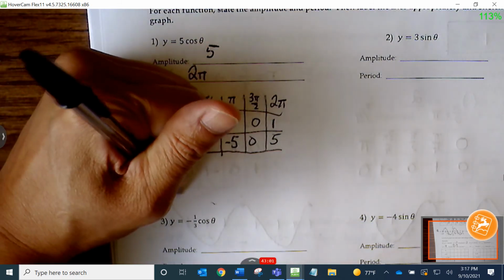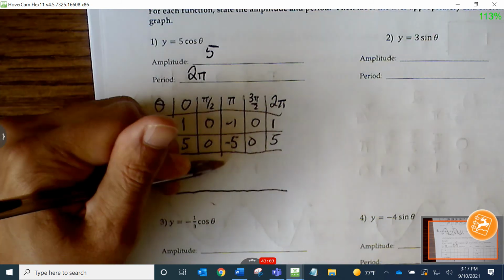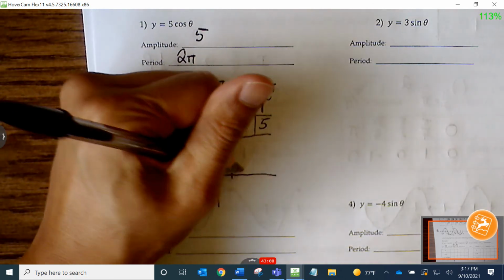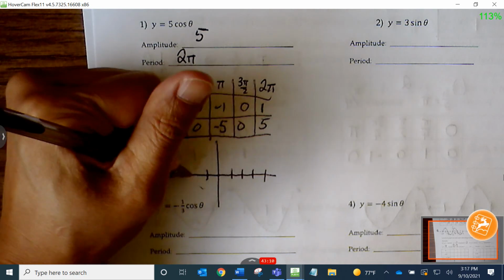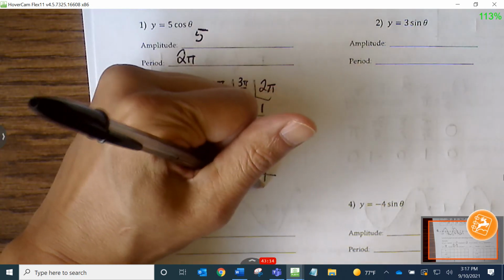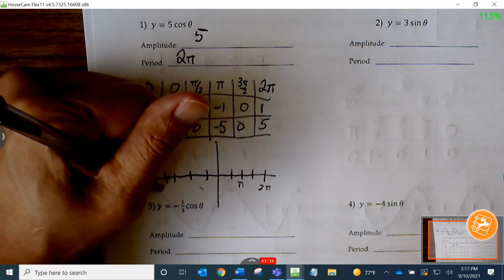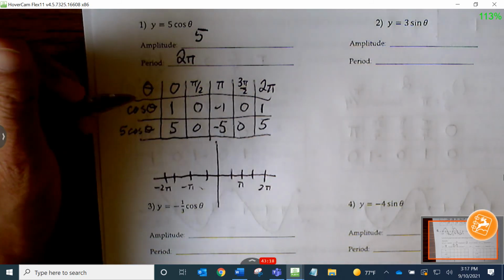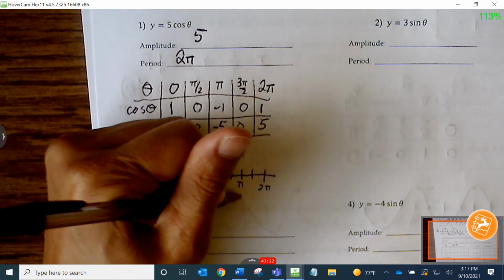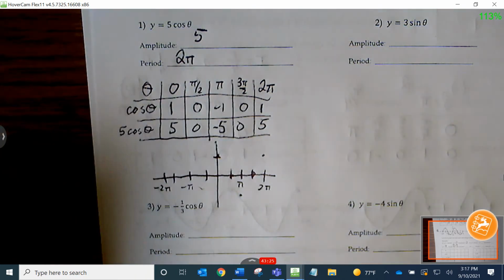Okay, and then just sketch our graph. Okay, cosine starts at the max, makes its way down to the min, then back up to the max.